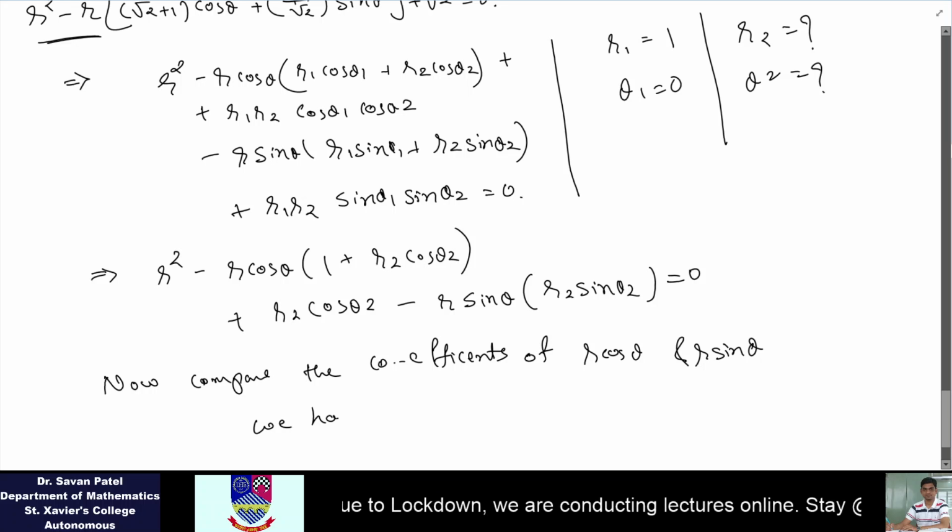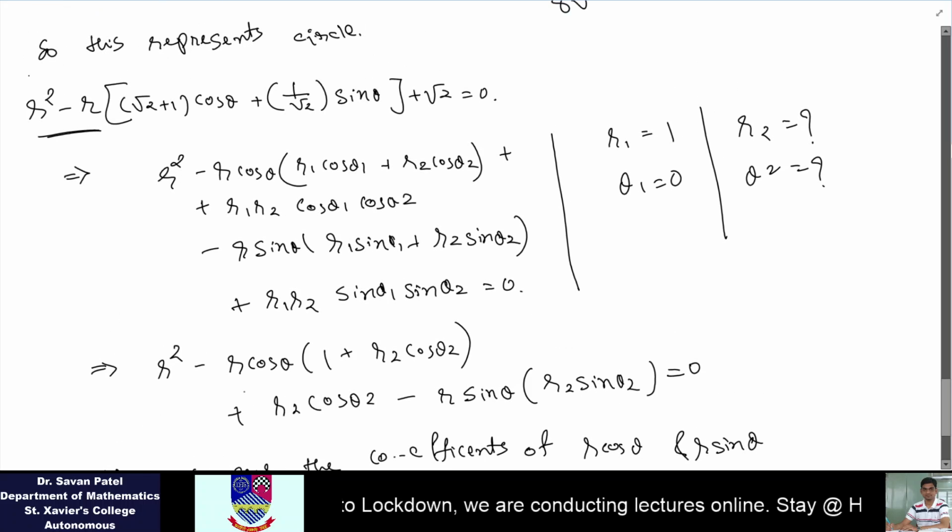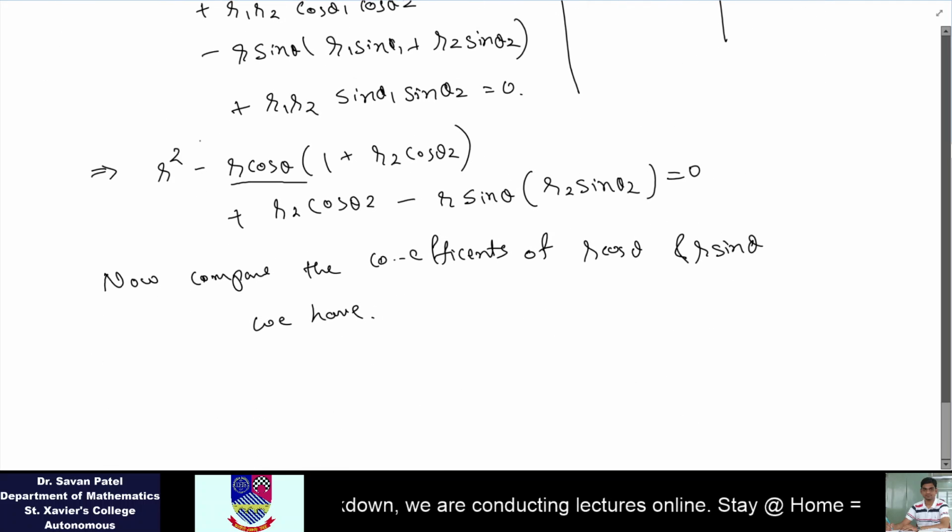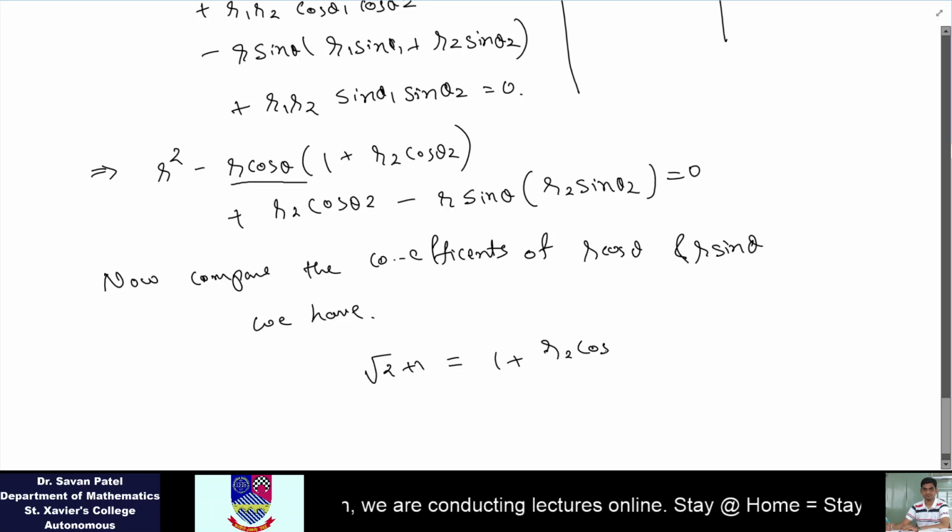We have, see here, r cos theta times 1 plus r2 cos theta 2, and here r cos theta times root 2 plus 1. So root 2 plus 1 is equal to 1 plus r2 cos theta 2.